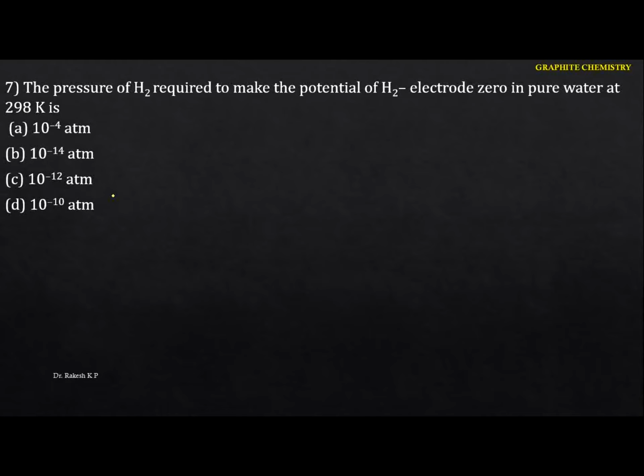The pressure of hydrogen required to make the potential of the hydrogen electrode 0 in pure water at 298 Kelvin is. Okay, so see this one here. Let me write the reduction reaction for this one. 2H+ plus 2 electrons gives you 1 mole of hydrogen gas. Let me write the Nernst equation here.